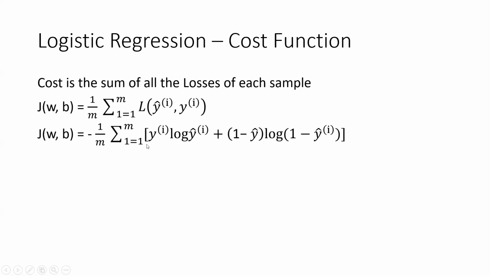All the other terms will be the same. So you have yi log y hat i plus 1 minus yi times log 1 minus y hat i. So this is the cost function for logistic regression.